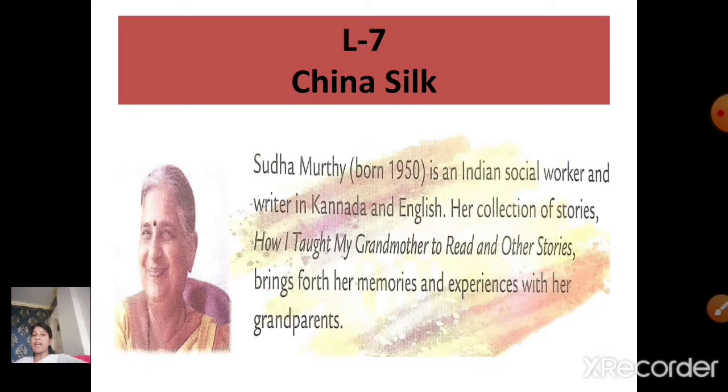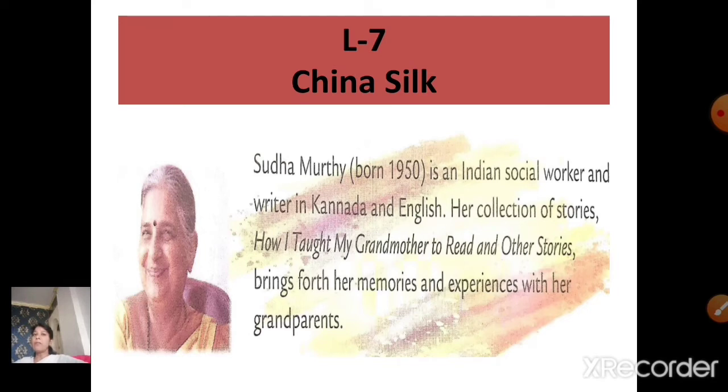Children, now let us have a brief introduction about the author. Sudha Murthy, born in the year 1950, is an Indian social worker. Now, a social worker is a person who works for the betterment, benefit or welfare of the people living in the society.